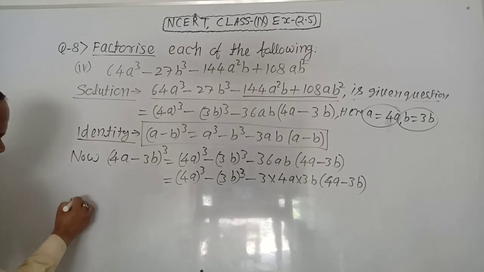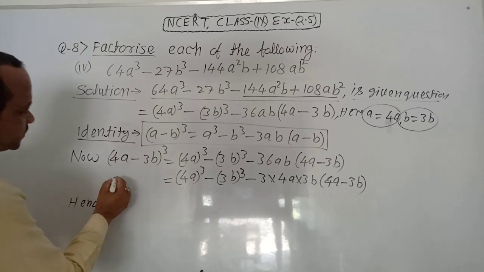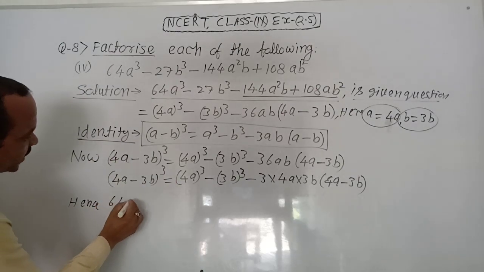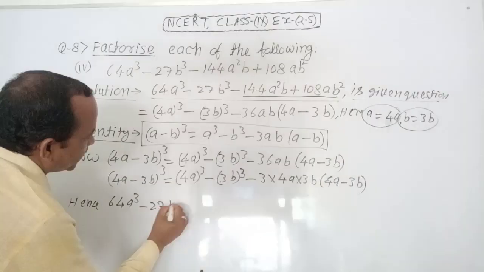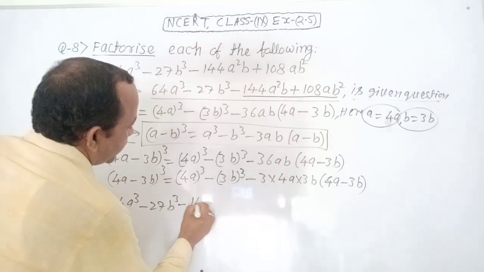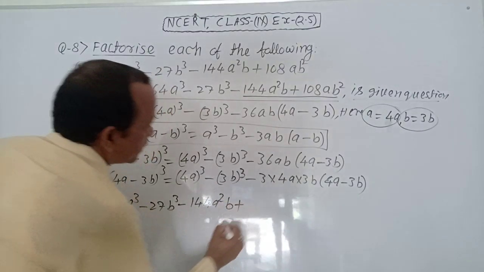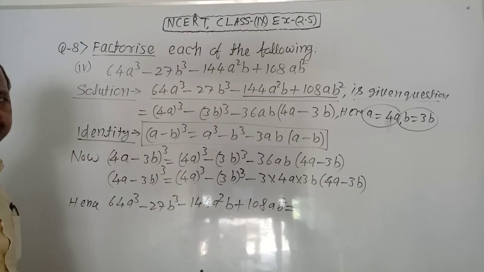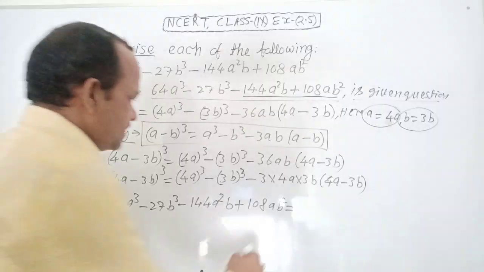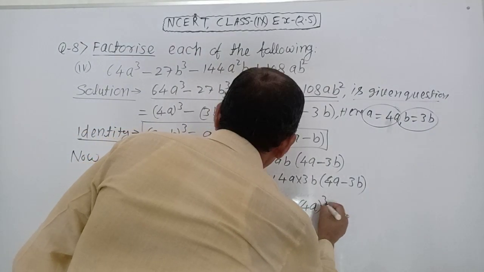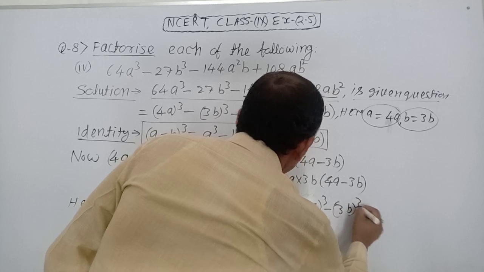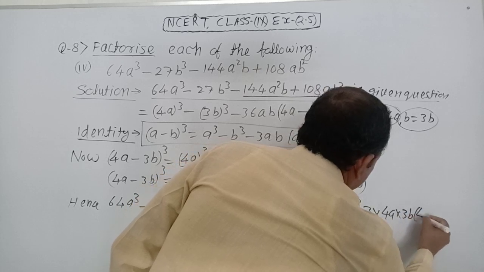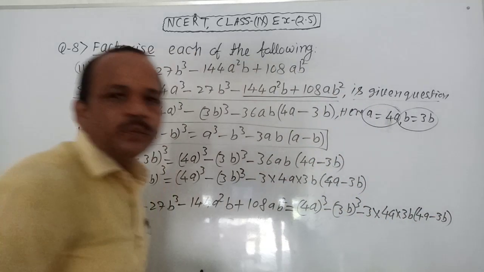Hence, 64a cube minus 27b cube minus 144a square b plus 108ab square equal to (4a) whole cube minus (3b) whole cube minus 3 multiply 4a multiply 3b in brackets (4a minus 3b) brackets close.